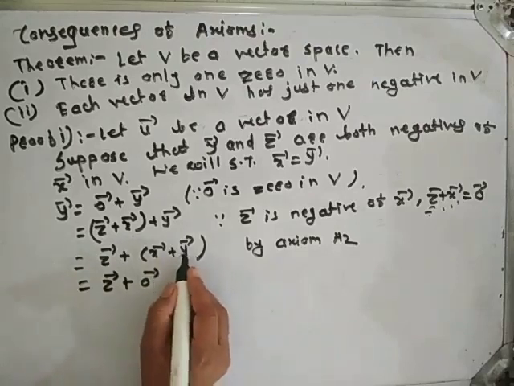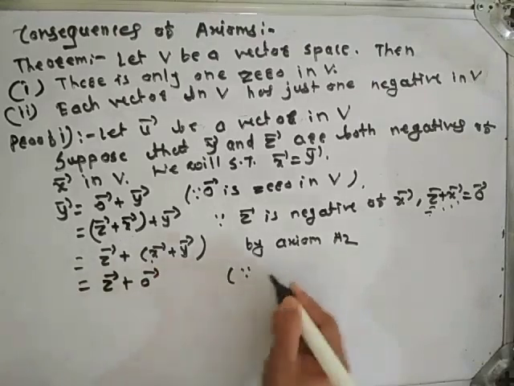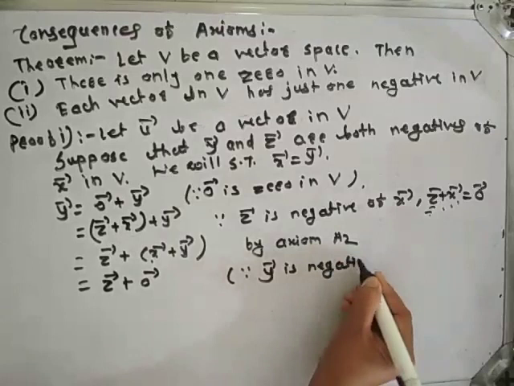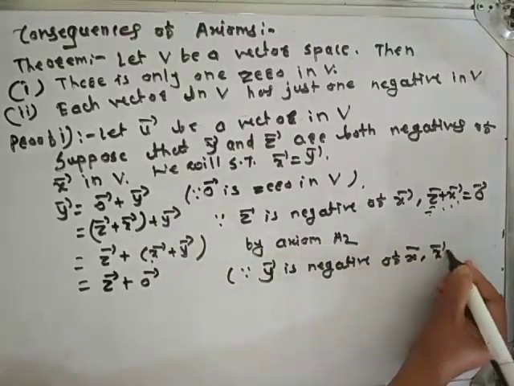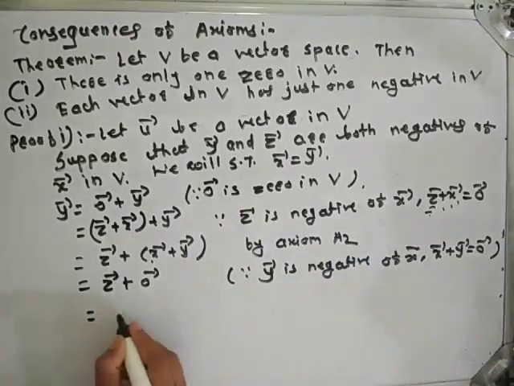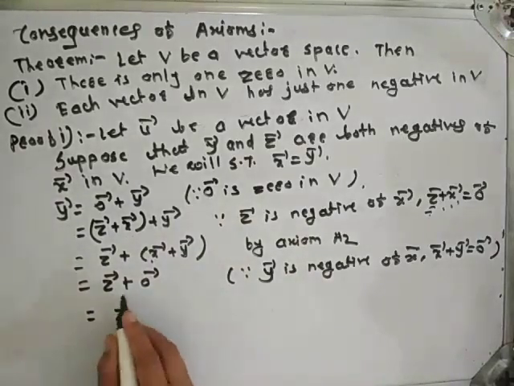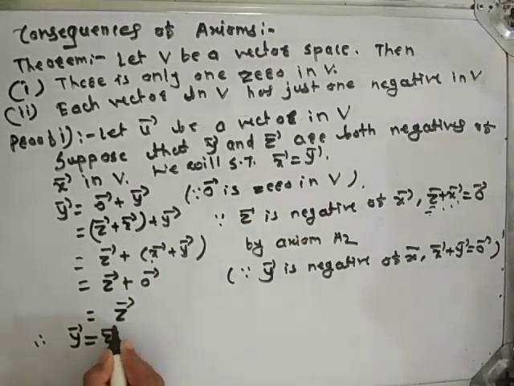Because Y bar is a negative of X bar, that is, X bar plus Y bar is equal to 0 bar. And we know that 0 bar is a 0 in V. That's why we get Z bar plus 0 bar is equal to Z bar. Therefore, we get Y bar is equal to Z bar.